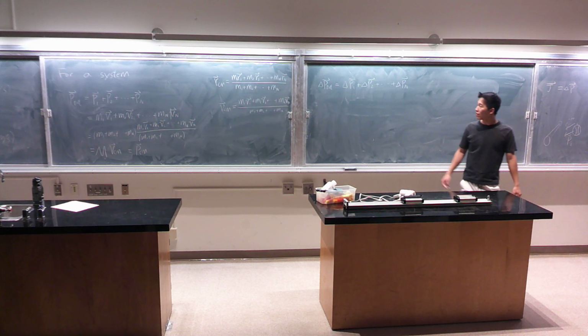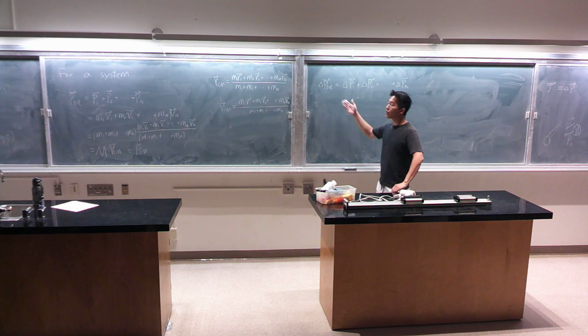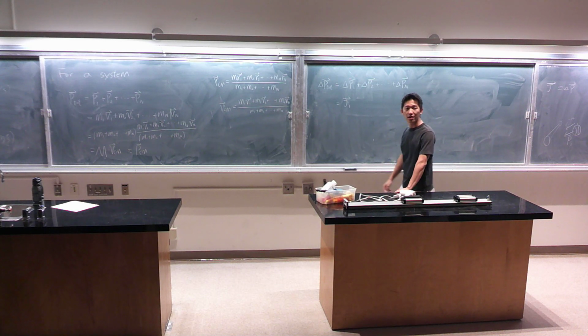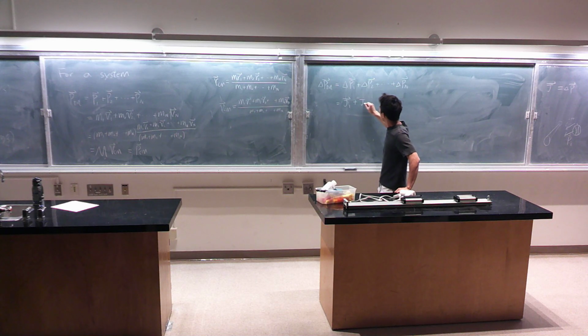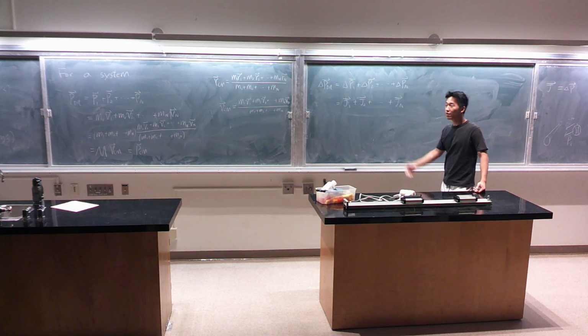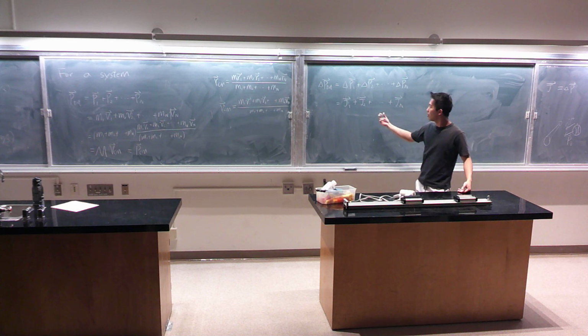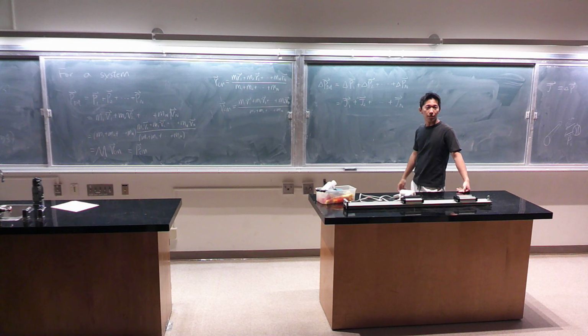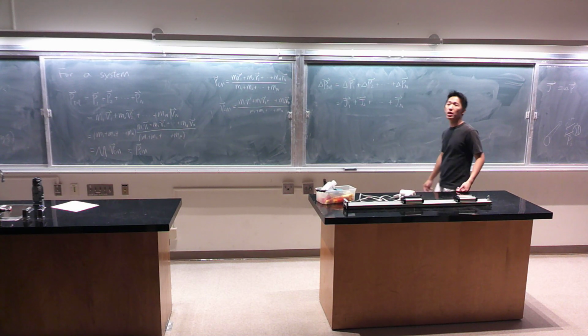So the change of the first particle's momentum will be the impulse acting on the first particle. Similarly, the change of other particles' momentum will be the impulse acting on it. And adding that up will give you the change of total momentum of the system.